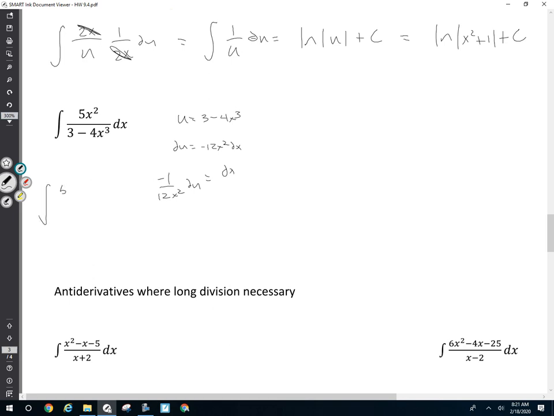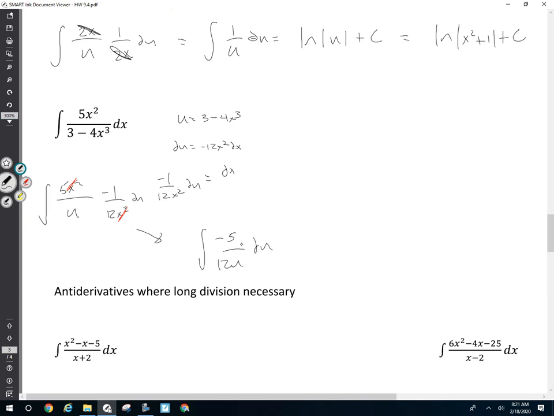This turns into 5x squared over u. This is negative 1 over 12x squared du. That's not nice, but it's okay. The x squareds will cancel. This turns into negative 5 over 12u.